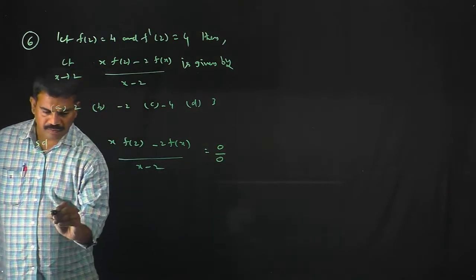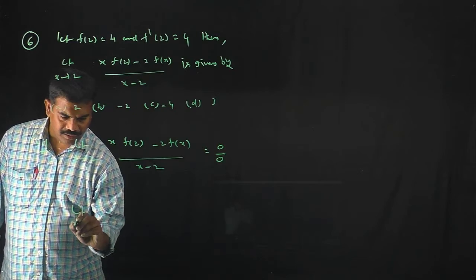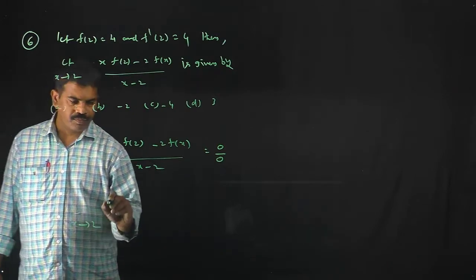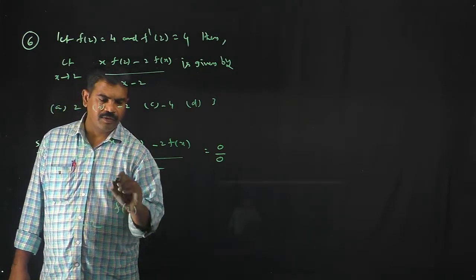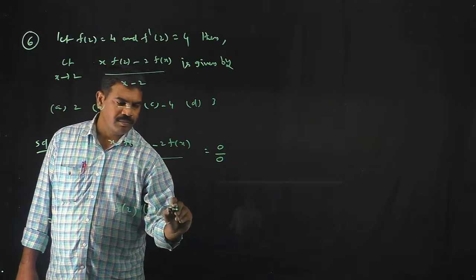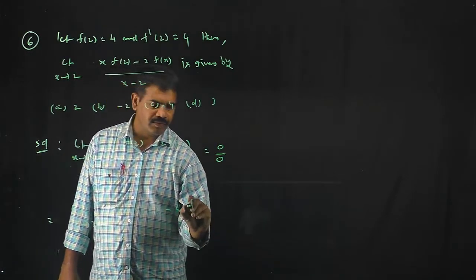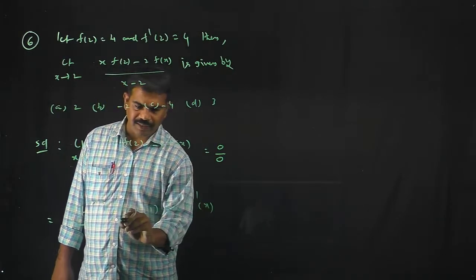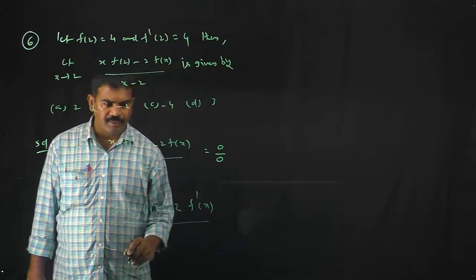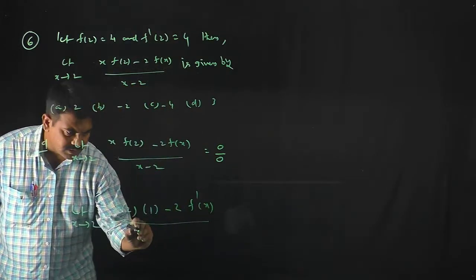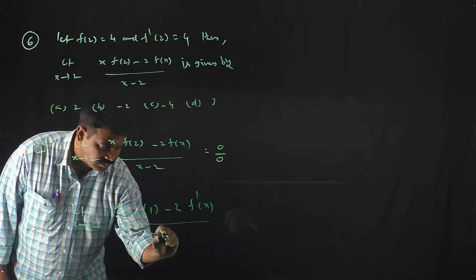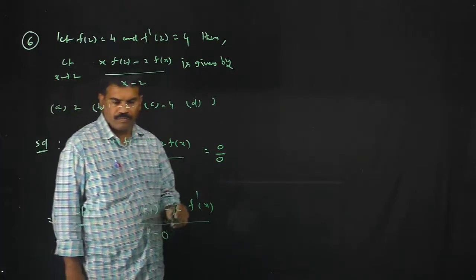So that is equal to limit x tends to 2, f of 2 into derivative of x is 1, minus 2 into derivative of f of x is f dash x, by denominator derivative of x is 1 minus derivative of constant is 0.